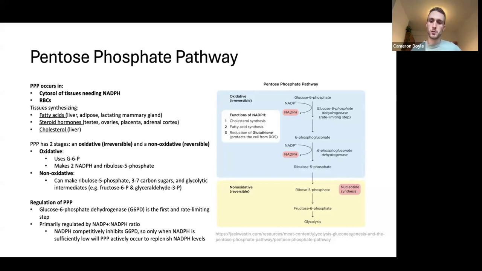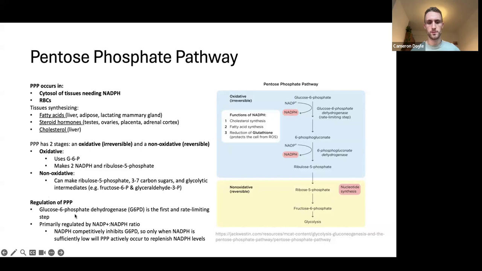One of the main ones is producing ribose 5-phosphate, a nucleotide precursor which can be used for nucleic acid synthesis, so DNA and RNA. It's also used to reduce glutathione, which I'm not really going to talk about in this, and it's also used in fatty acid synthesis.